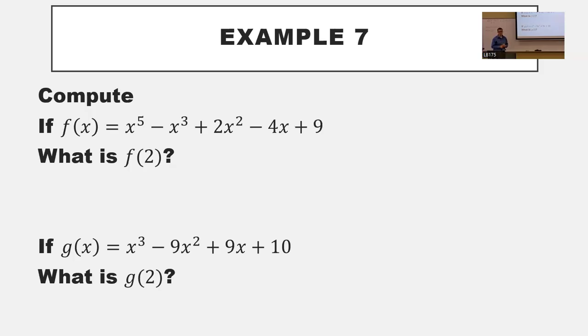Does that make sense? Again, we'll go over this more next time, but I just want you to know that when you divide, your remainder is the same thing you get out when you plug that r value into the function.